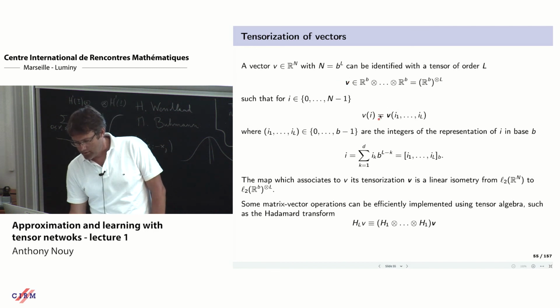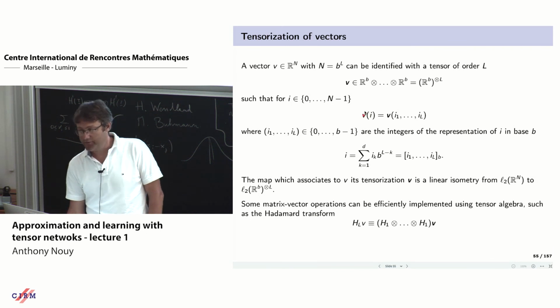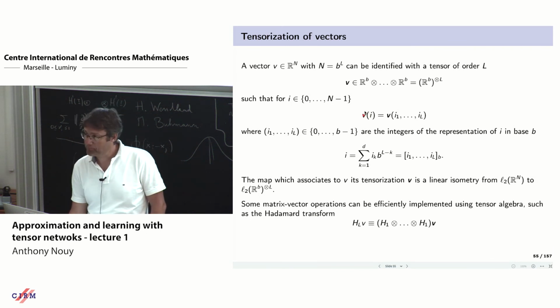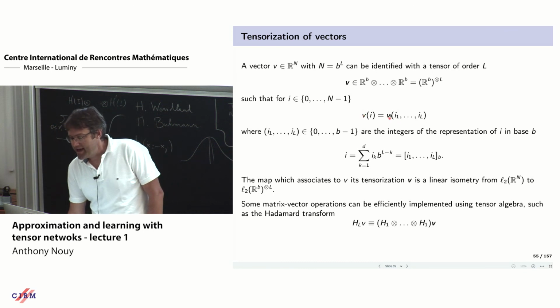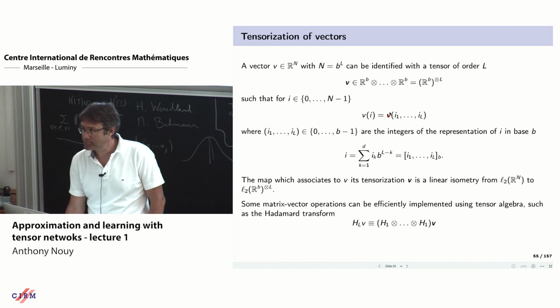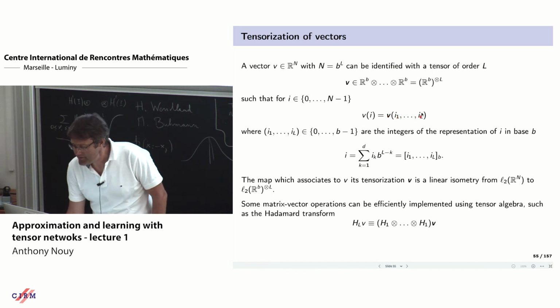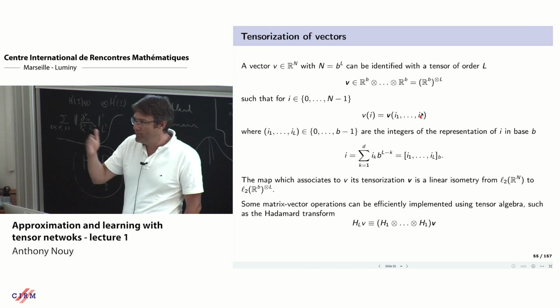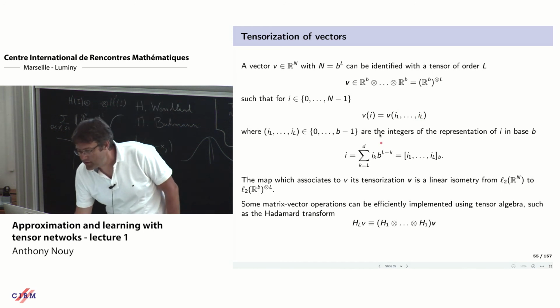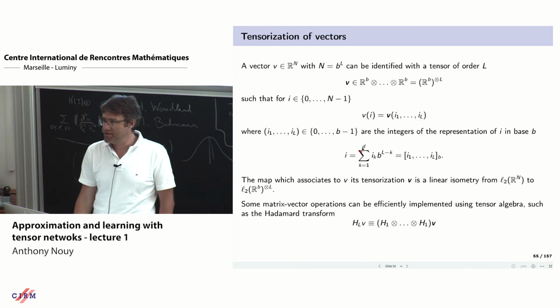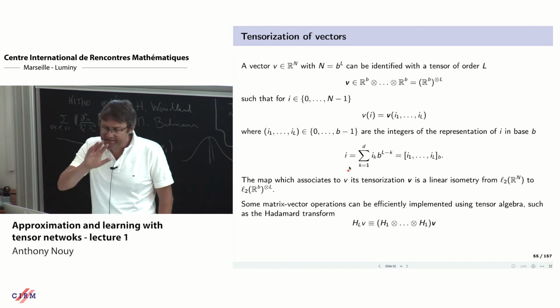What is the correspondence between this tensor and the vector v here? An entry i of the vector v is the entry i1, i2, i3 of the tensor v, with integers that go from 0 to b minus 1, and that correspond to a binary representation of your integer i. This is one way to do it.